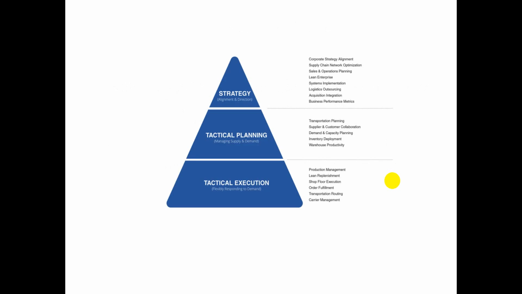If you see the strategy and the tactical represented in a triangle, the strategy is the top part, which is applied at the corporate level, supply chain network level, sales and operations, lean enterprise, system implementation, logistic acquisition, and business performance metrics.